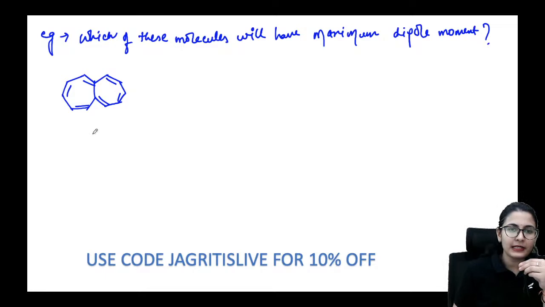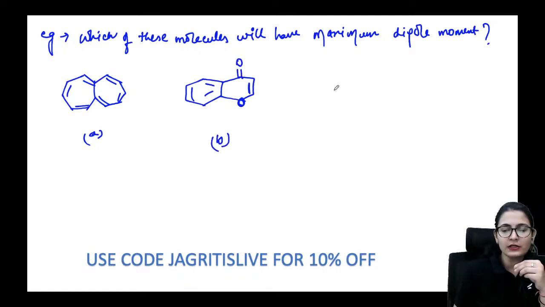Let's say I'm drawing the heptafulvene in option A. This is an oxygen over here, this is a double bond over here like this.